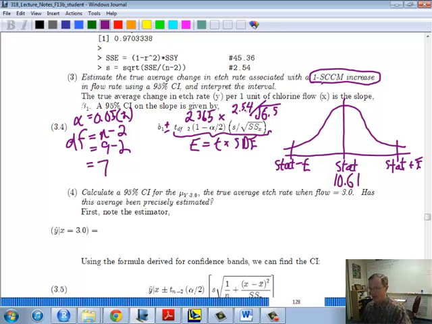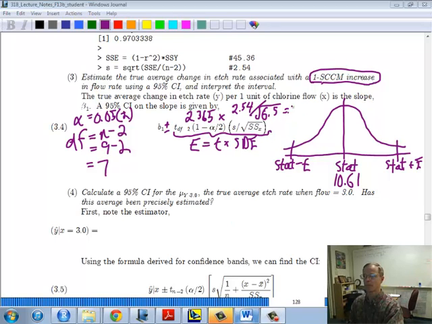So we got that, and that product turns out to be 2.36, because this standard error had been shown to be 1. Okay, so 10.61 plus 2.36 gives me about 12.97, and 10.61 minus the 2.36 is going to get me 8.23.